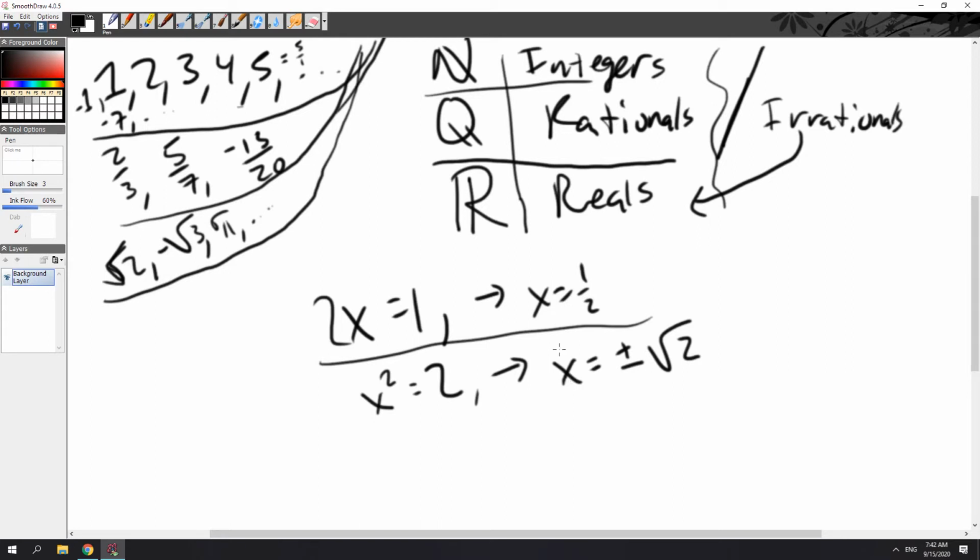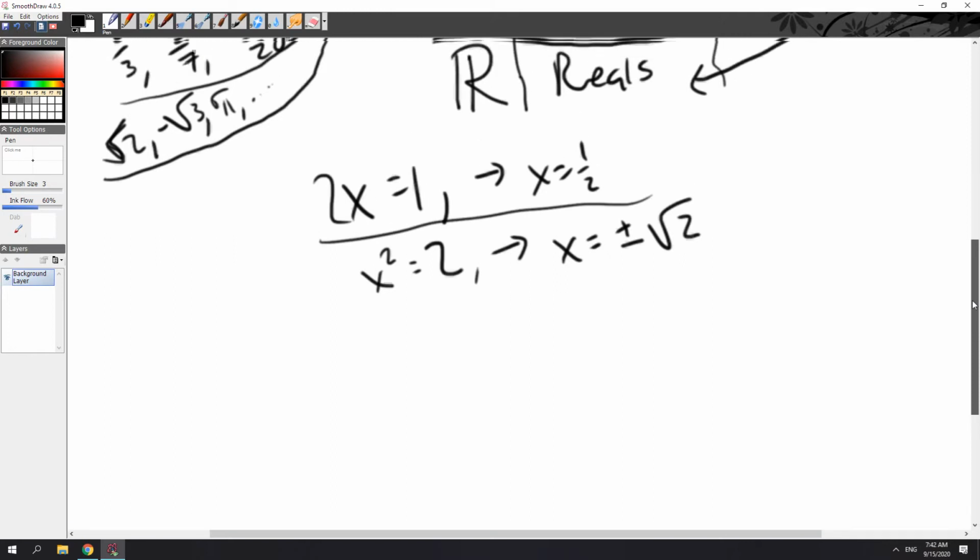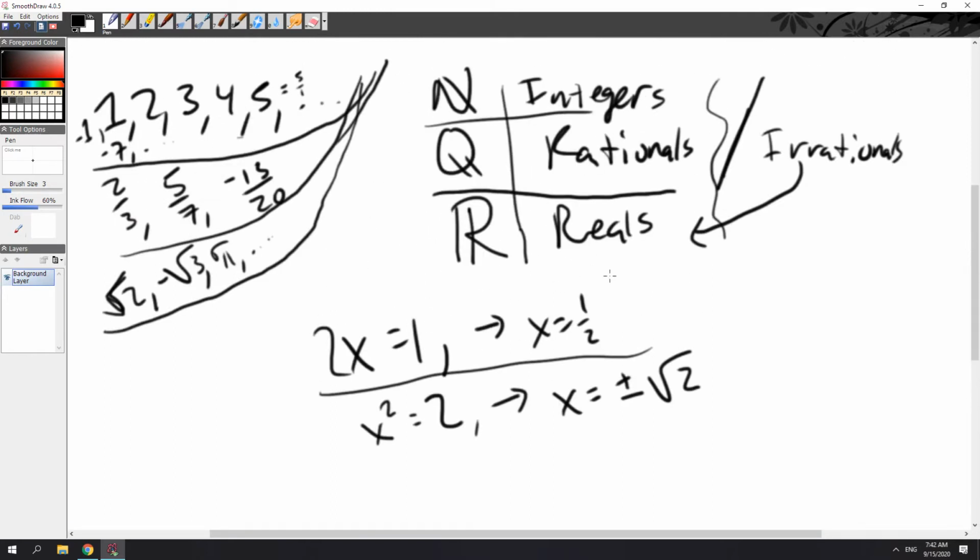But here's the issue. We have now encountered a problem where there's no real number that works. And when I say real number, I don't mean real as in fantasy and fiction. I mean a real number as in this definition: a number that can represent a real quantity in the real world. You can actually have the square root of 2 feet.